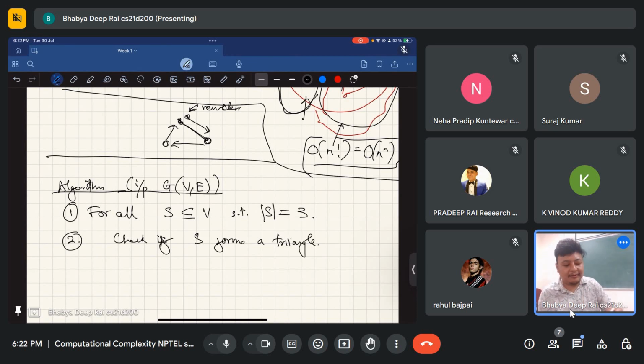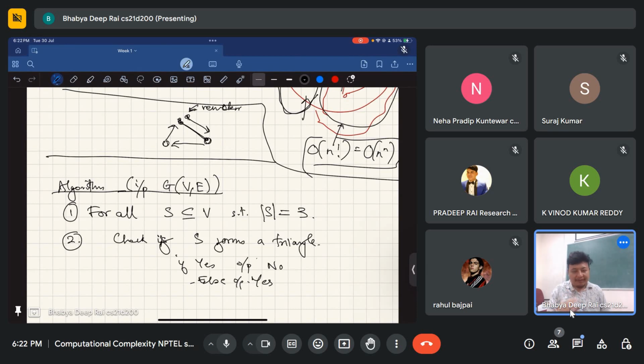How? I just look at the adjacency matrix. If yes, output no, else output yes. Oh, triangle free, it should be flipped.